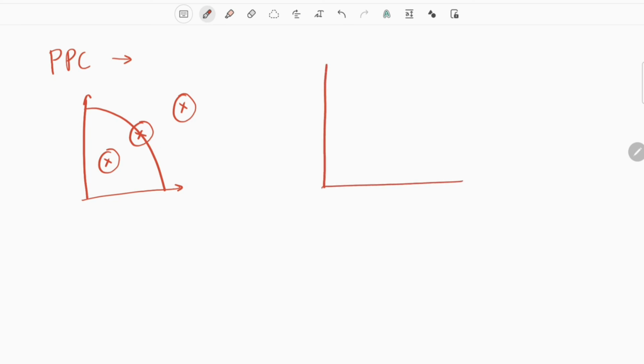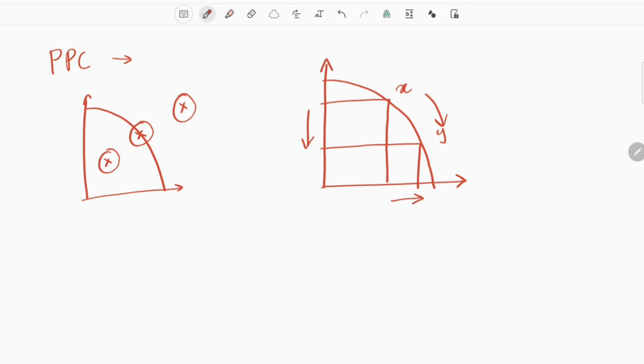And whenever we want to show the concept of opportunity cost, I told you opportunity cost is the next best alternative that you forgo. So when you move from point X to point Y, you have to sacrifice this particular product in order to obtain the other product. So this is the way that we use the PPC curve to show the concept of opportunity cost.